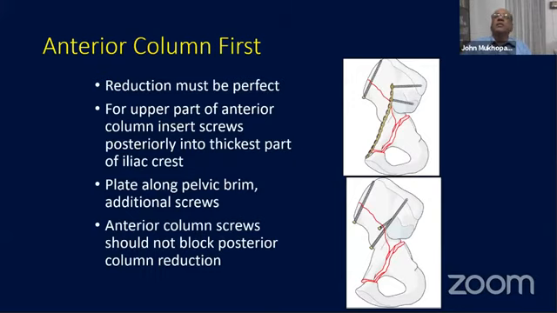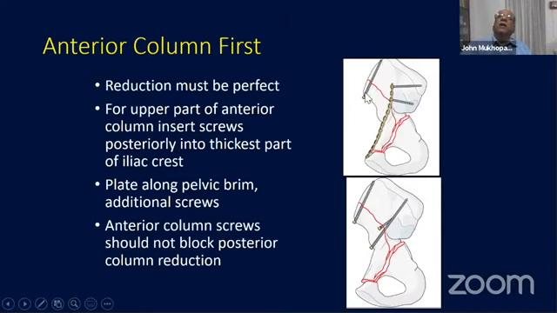Okay, now, as I mentioned, this reduction has to start in the periphery, and this reduction of the iliac blade must be perfect. If this is not perfectly reduced, it becomes more and more difficult to get your acetabular reduction adequately. So you need to insert these screws posteriorly into the thickest part of the iliac crest.